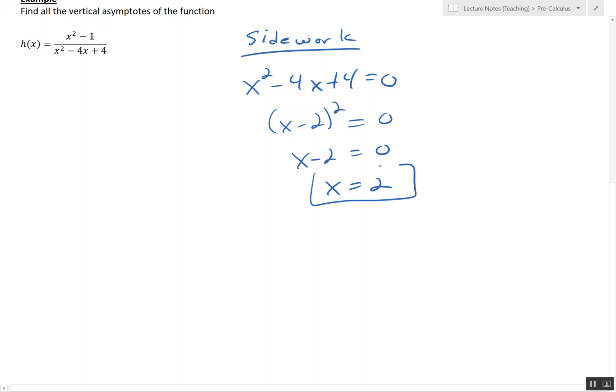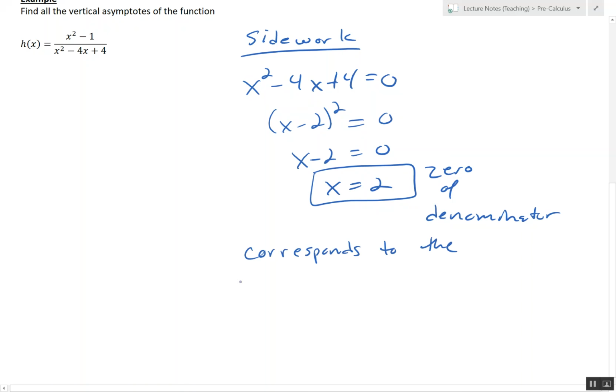So this is a 0 of the denominator, and this corresponds to the asymptote, which is a line, x equals 2.